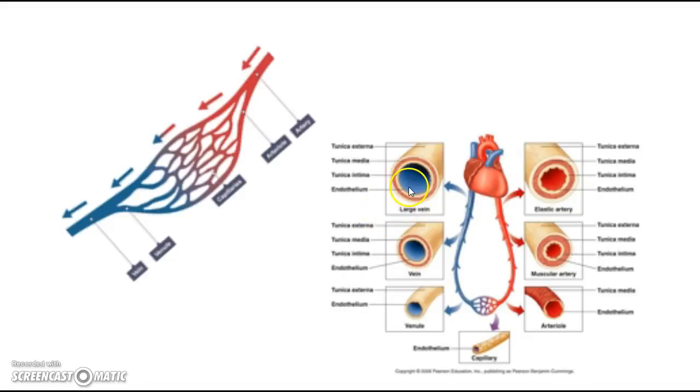This diagram here is just showing you the structure of the veins and the arteries and arterioles. There are large veins and large arteries, but we just say them as they are, veins and arteries.